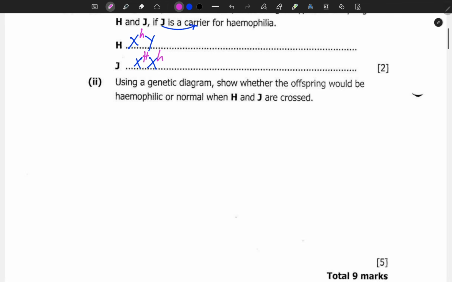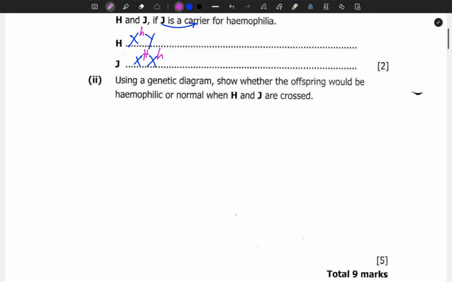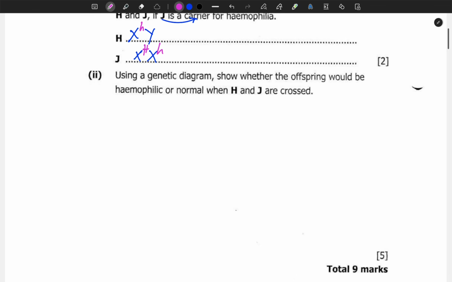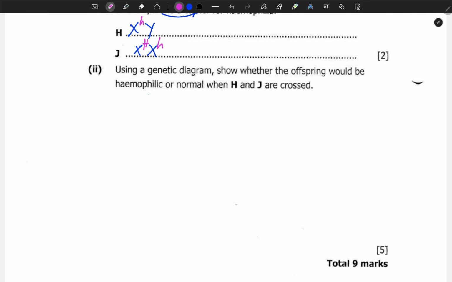Then using a genetic diagram, show whether the offspring would be hemophilic or normal when H and J are crossed. So we have H, then we have J. If you want, you can say man, woman, or male, female, whatever comes into your mind is still okay. So I'm going to begin with parental phenotype. So parental phenotype for H, we know that H is sick, so we just say patient.